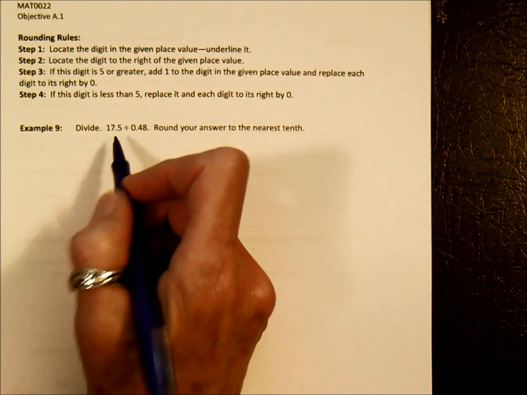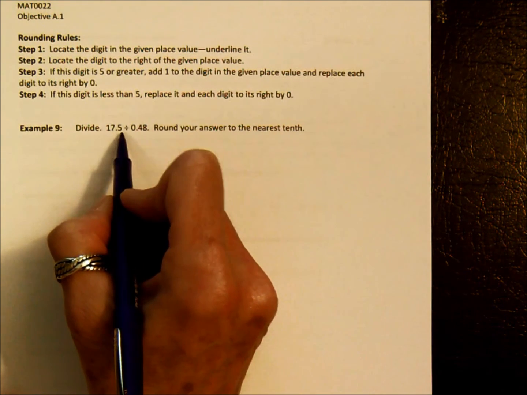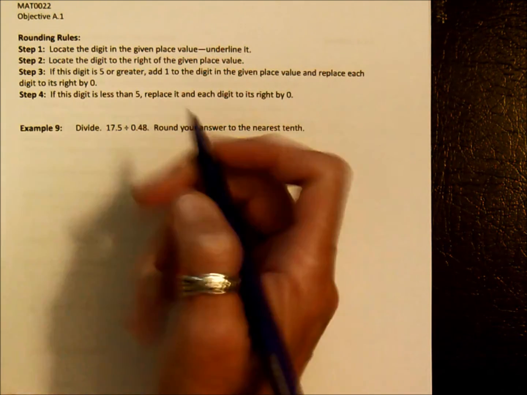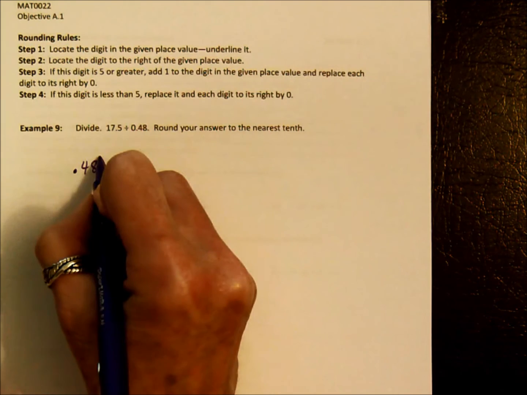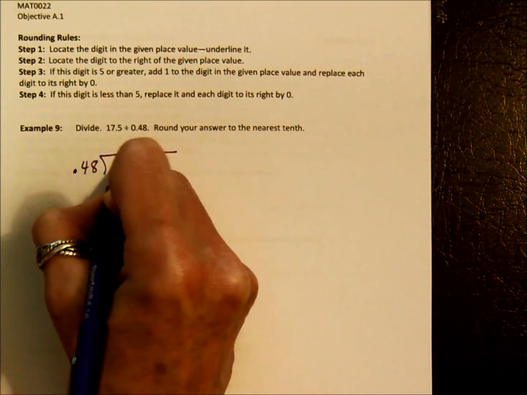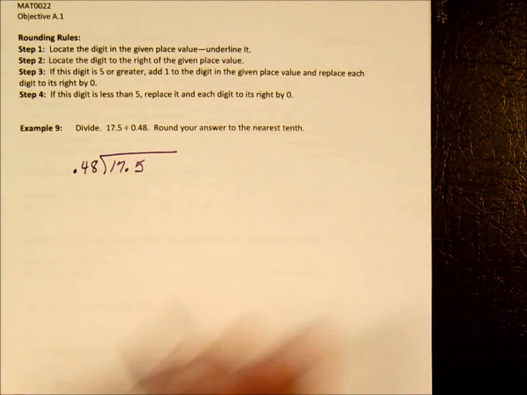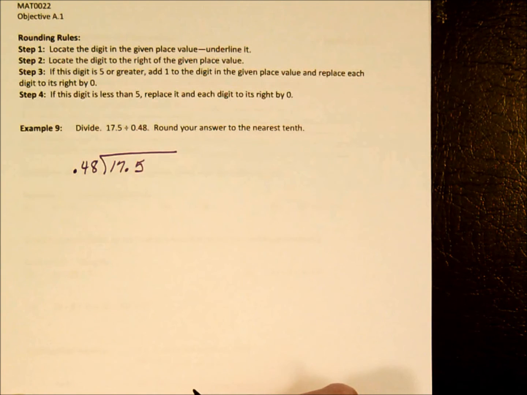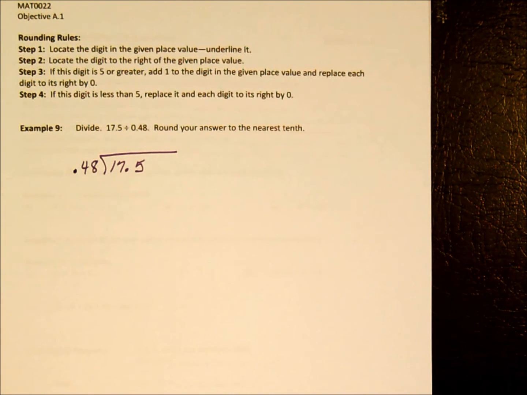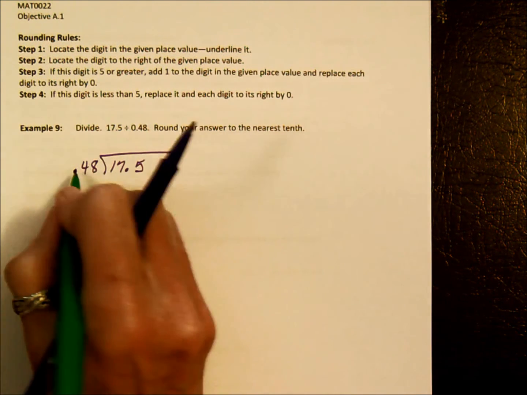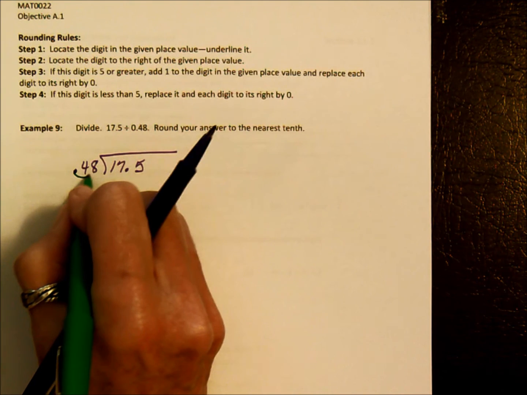So it says divide 17.5 by 0.48. So we divide by 0.48 into 17.5. Now this is different than the last one because we are dividing by a decimal. So what you have to do when you divide by a decimal is you have to move the decimal point to the end of the number.